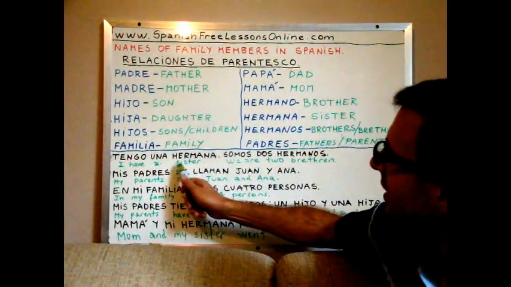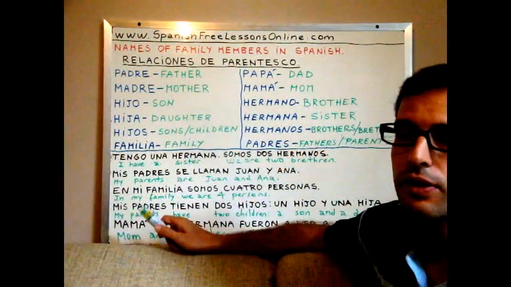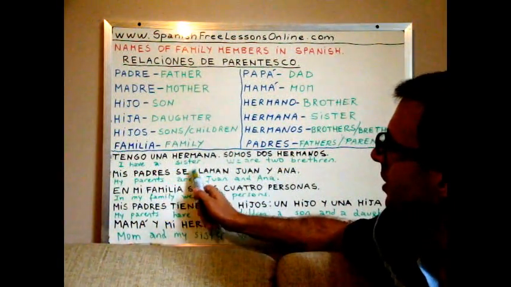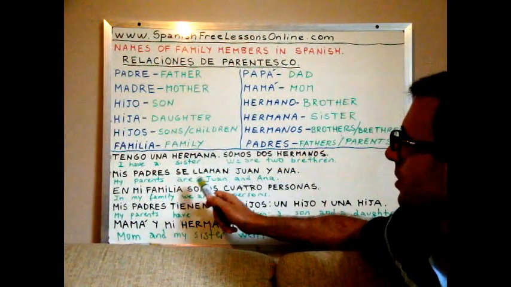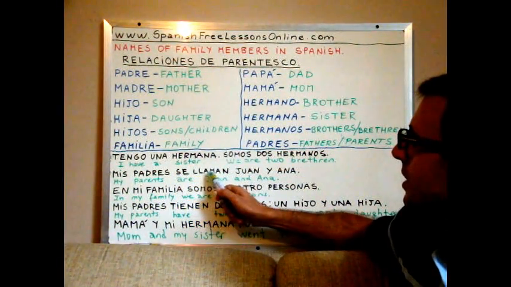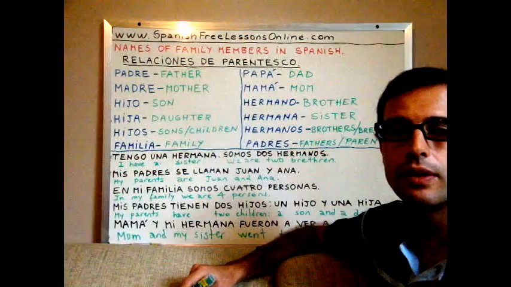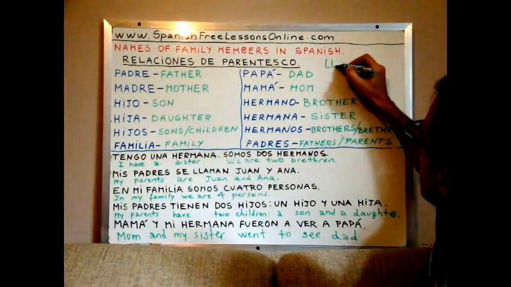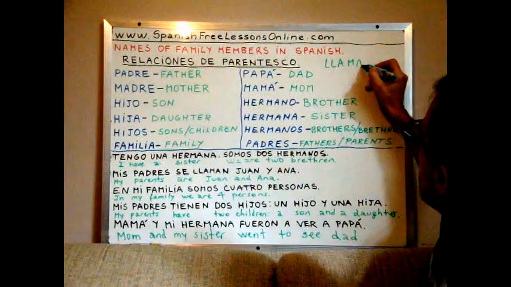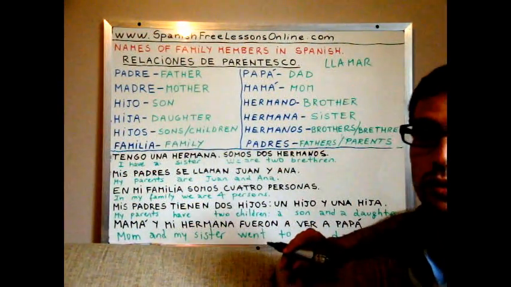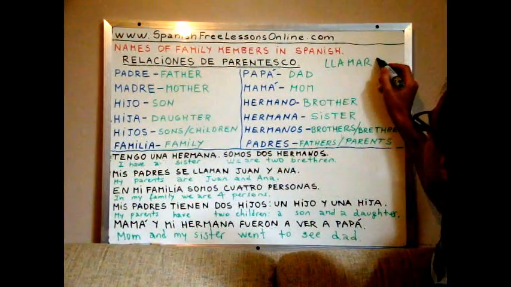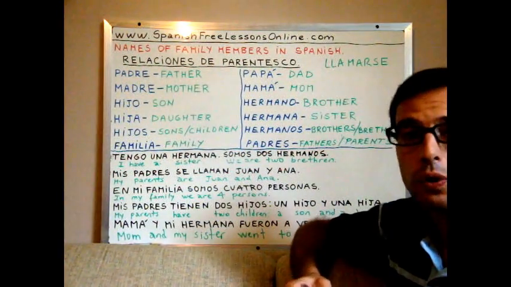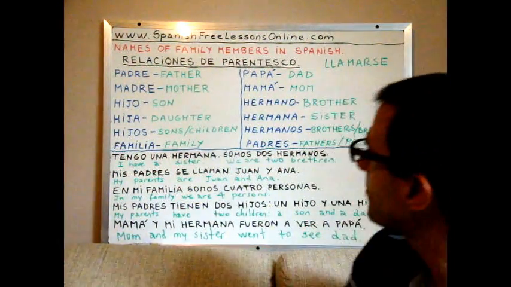So, se would be the themselves, because it's a reflexive verb. Llamar is to call. But llamarse is a reflexive verb that means to be called something.